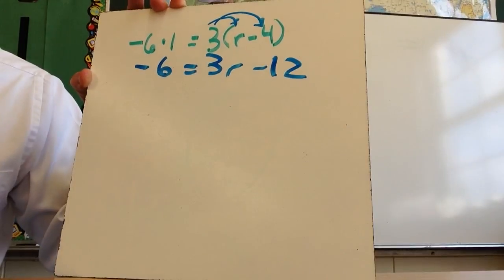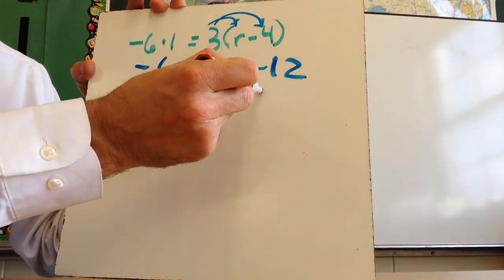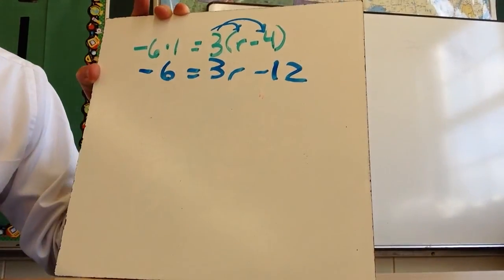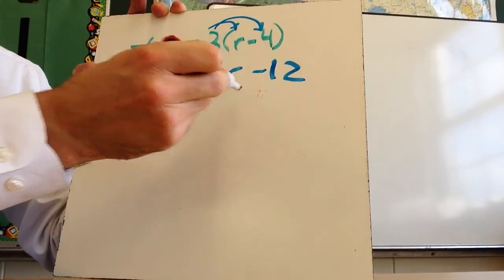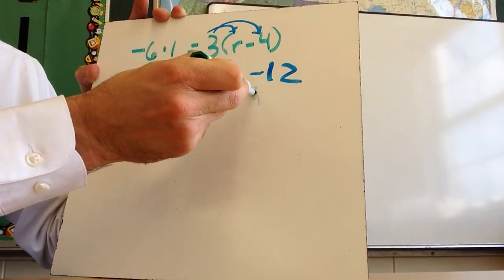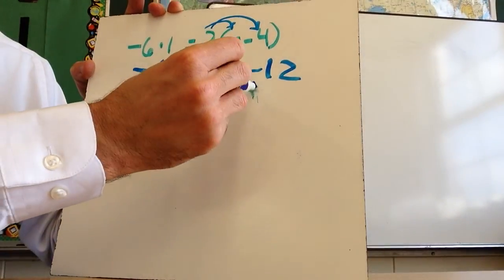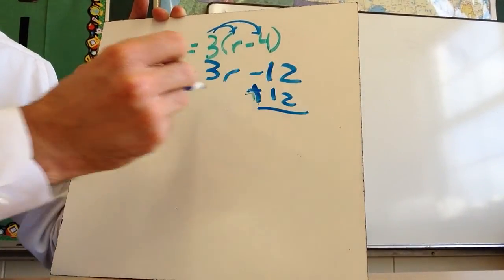Now remember, my goal is to get r by itself. So I've got to get rid of this -12. I'm going to take the 12 and add it to both sides. I'm going to add 12 to both sides.